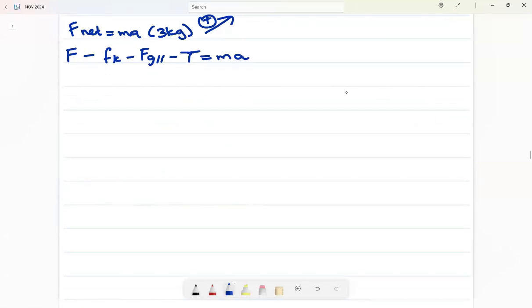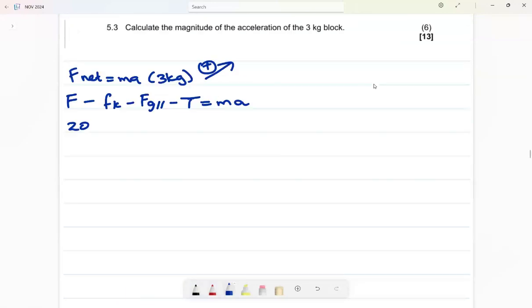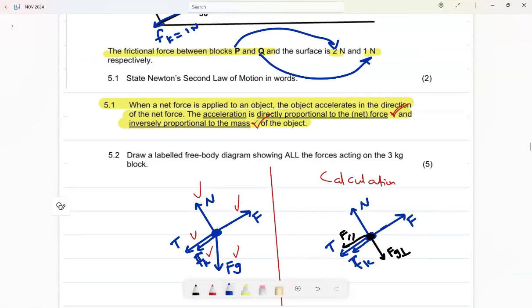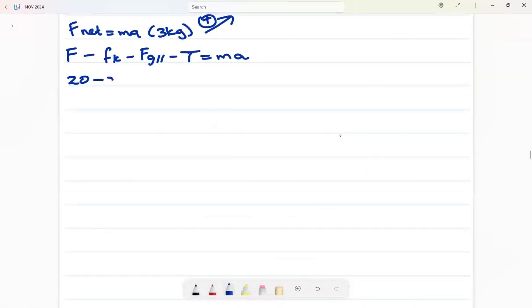And then F, we have force applied to be 20. Remember that force applied is 20 here. And then you have Fk of the 3 kilogram block. Remember Fk of the 3 kilogram block? I said 3 kilogram block, it is block P. How much? P, it is 2. Fk is 2 minus, remember Fg parallel is the same as mg sine of theta. So it's gonna be mass 3 multiplied by 9.8 multiplied by the sine of the angle, which is 30 degrees.